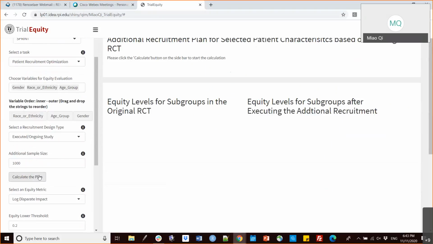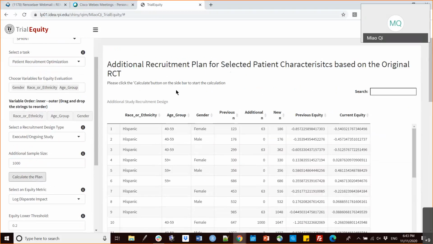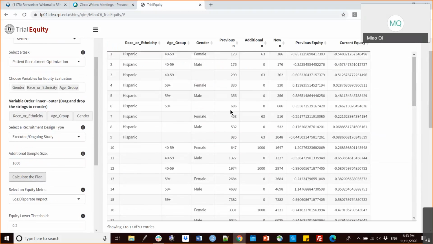Then I can also provide you a remedial replan on the additional recruitment. So I show you how many you have before and how many you should recruit based on your 1,000 limit. And that's the total number of people in your new study if you follow our plan.